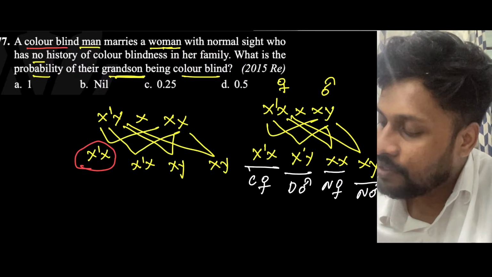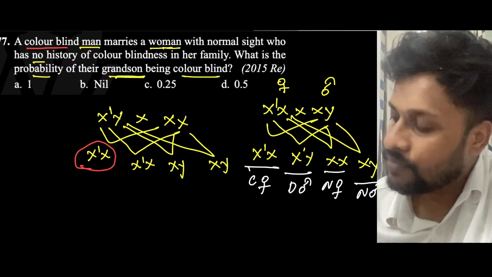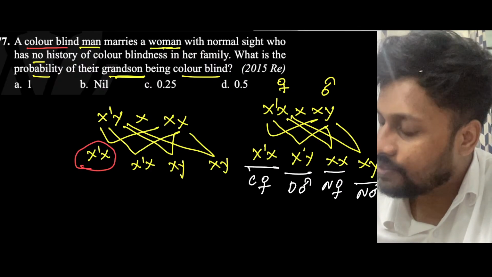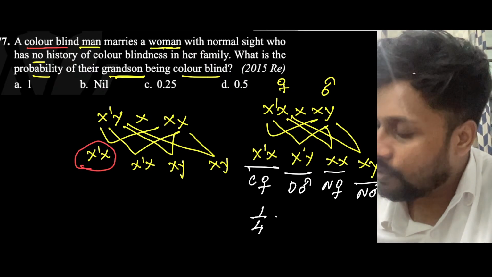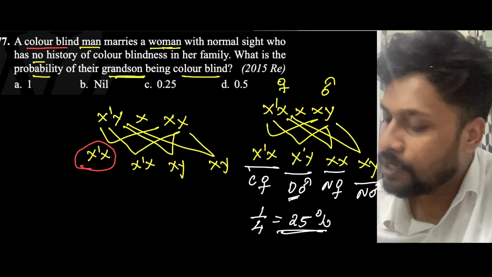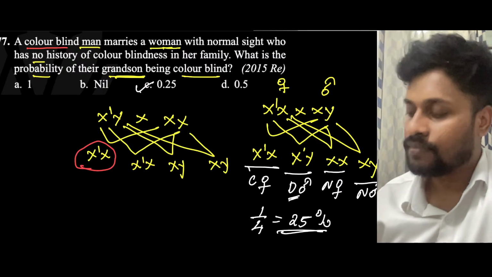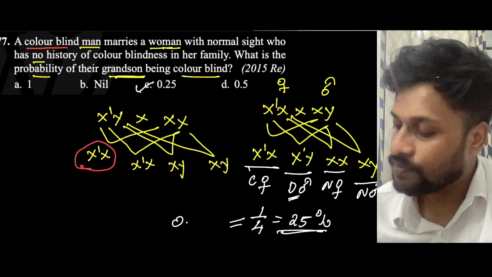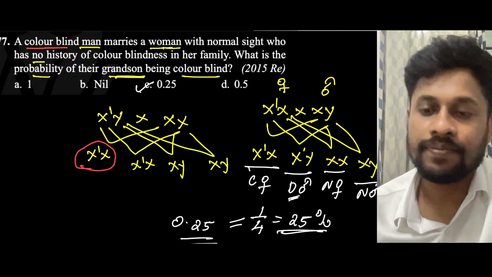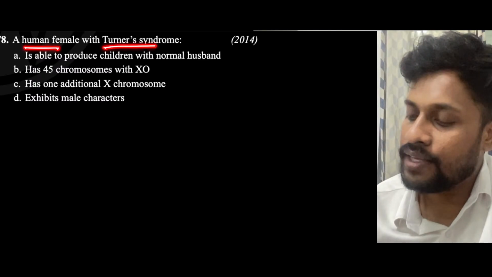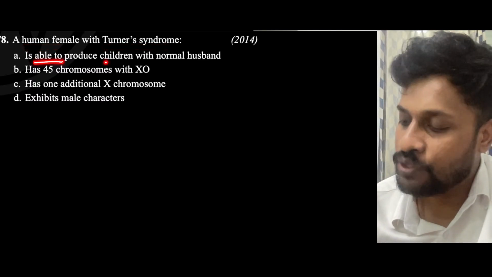So what is the probability, right? The probability of grandson being colorblind is 1 by 4, no? Which means only 1 out of 4 are colorblind. So 25%. 25% means what? 0.25. Right? 1 by 4 is equal to 0.25. Clear?